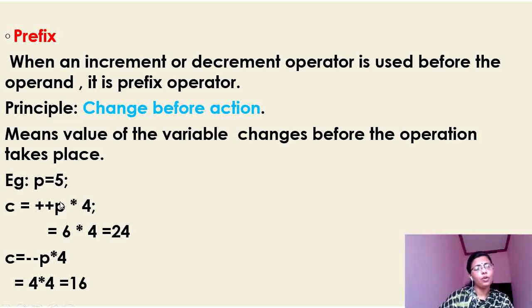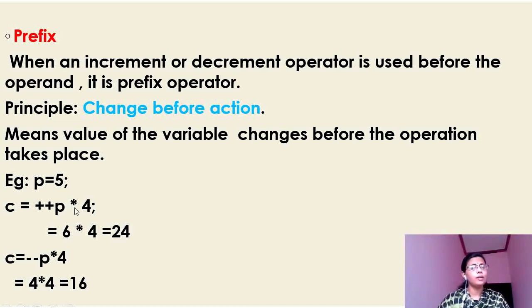Now what is the value of P? If it was not in a statement, what will happen? It's an increment operator. So P value becomes 5, from 5 it becomes 6. So when I say plus plus P, since this is a prefix operator, the value of P changes before action. What is the action?